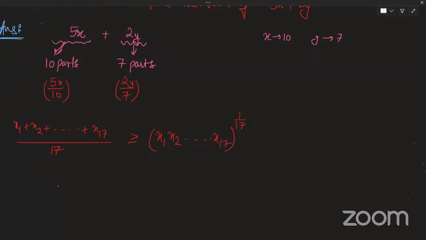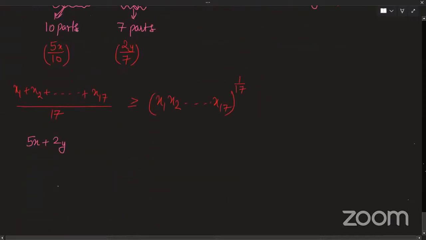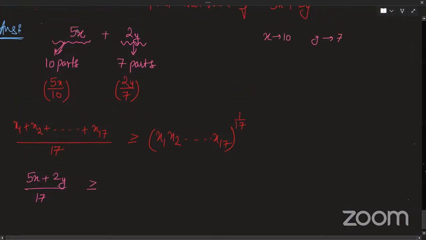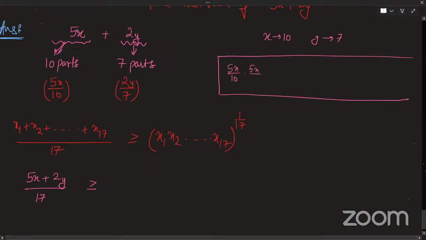The sum will be the same, 5x plus 2y, divided by 17, is greater than or equal to. Now, Gayatri, I have a total of 10 terms of 5x by 10, and 7 terms of 2y by 7. Can you help me calculate the product of those terms? I have a total of 17 terms, 10 of those are 5x by 10.